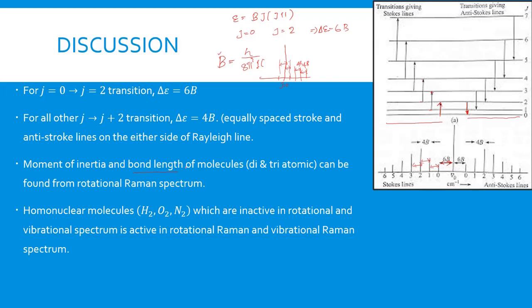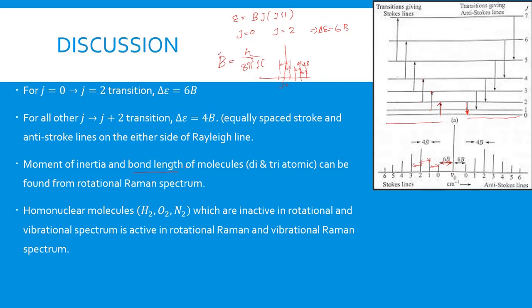Also, in the case of homonuclear molecules such as oxygen, nitrogen, hydrogen, you have already seen while studying IR spectra that homonuclear molecules, since they do not have a permanent dipole moment, are rotationally inactive. But in the case of rotational Raman spectra, they are active.